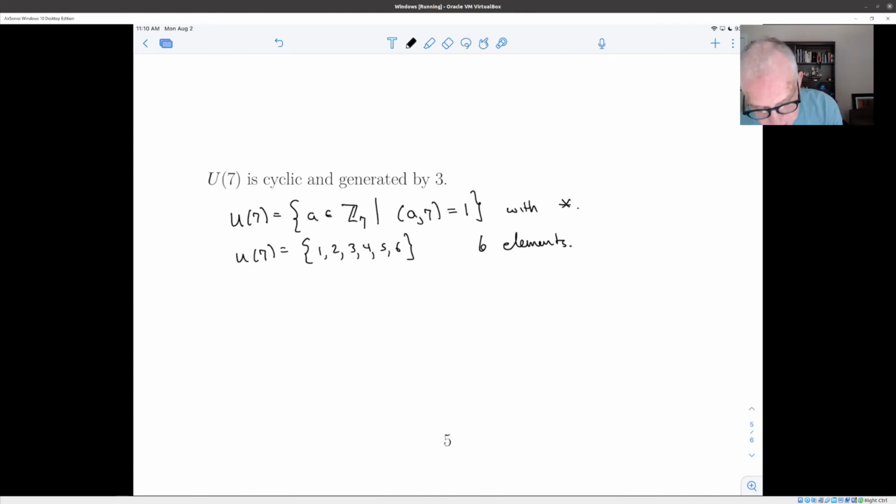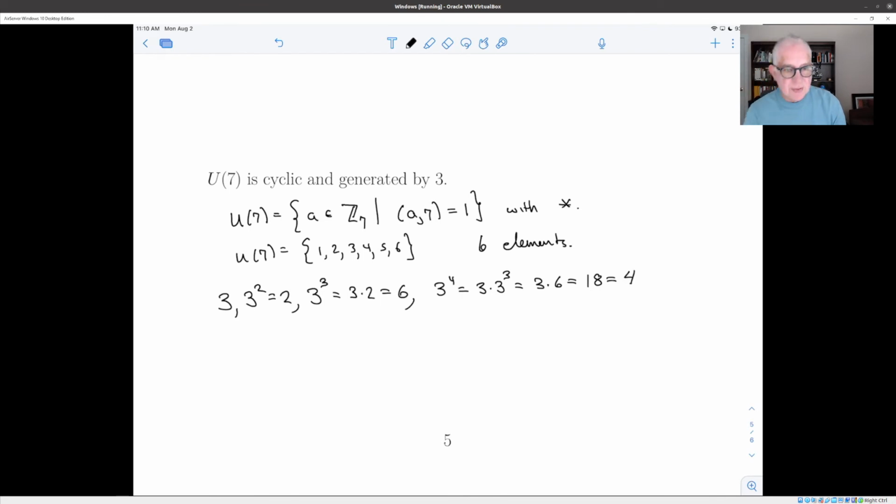And if you take 3 and start looking at its powers, you get 3 squared, which is 2, 3 cubed, which is 3 times 2, which is 6, 3 to the 4th, which is 3 times 3 cubed, which is 3 times 6, which is 18, which is 4, because we're working mod 7. And then 3 to the 5th is 3 times 4, which is 12, which is 5, mod 7.